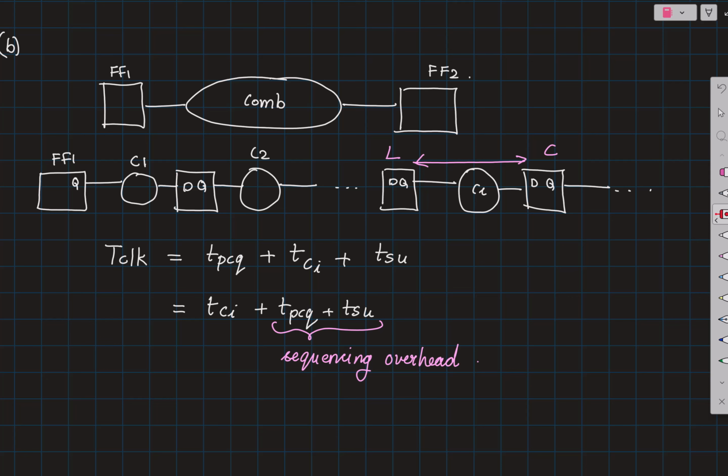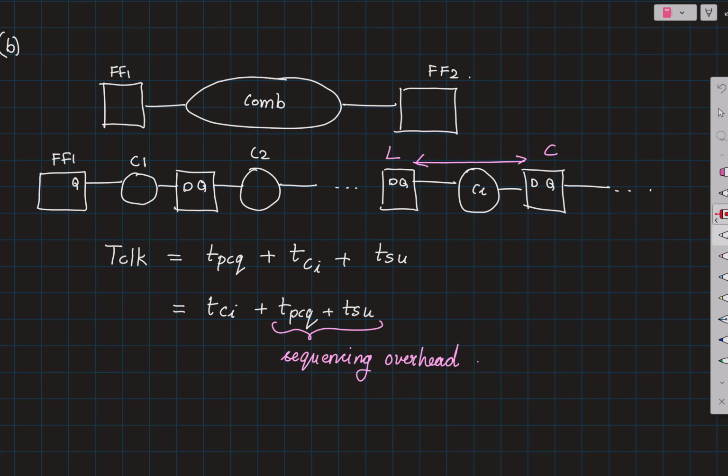There is some combinational delay, plus there is the sequencing overhead. What it means is, you could theoretically bring down your T_CL to very, very small values, but eventually you will be limited by the sequencing overhead.